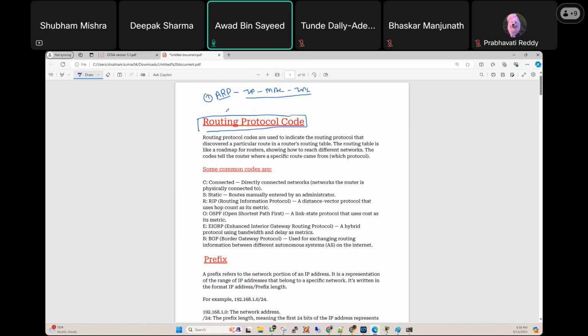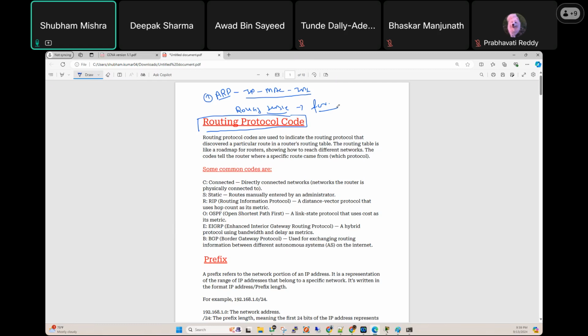And the router maintains one more table that is called which table? Routing table. And on the basis of that routing table, the router will take which decision? Forwarding decision. Understand everyone? So when you open the routing table, you will get multiple codes.